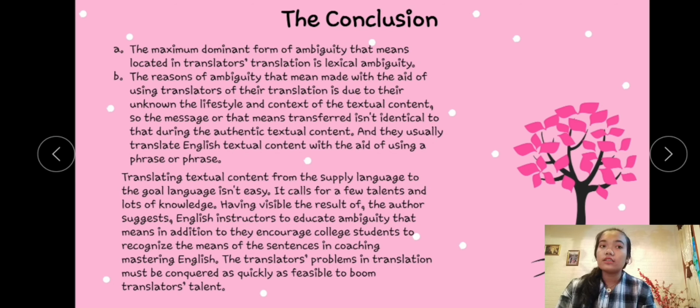The translator's problems in translation must be addressed as soon as possible to increase translator skill.